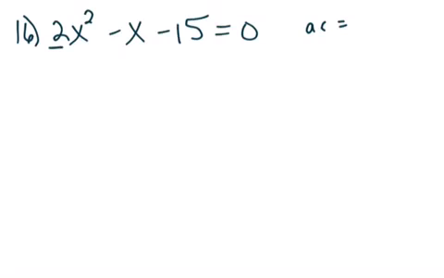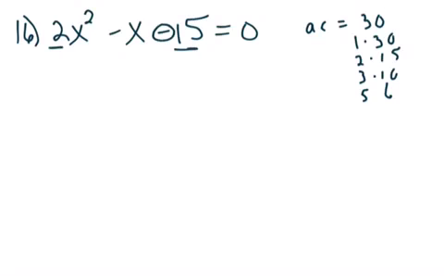A is 2, C is 15, so that's 30. The factors of 30 are 1 and 30, 2 and 15, 3 and 10, 5 and 6. And we're looking for the signs to be different, so we want to subtract and get 1. So that would be a plus 5 and a negative 6.